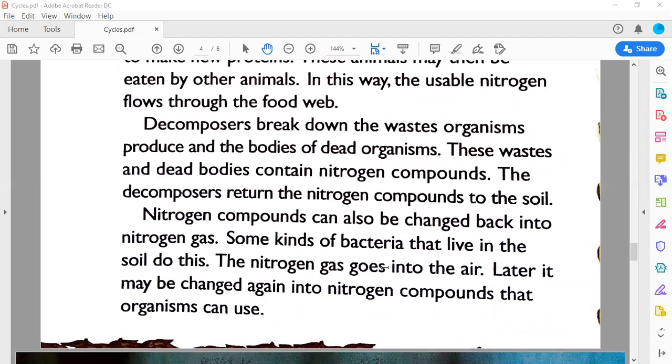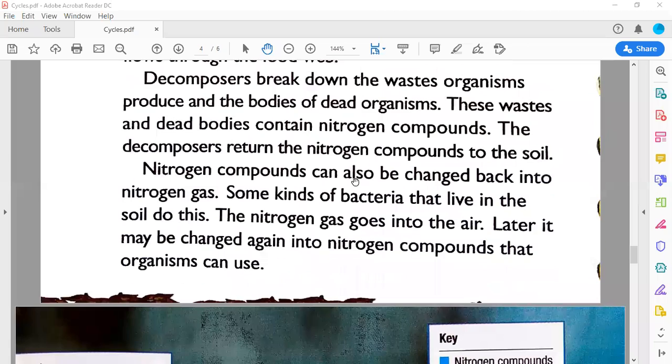Then the nitrogen gas goes into the air. Later it may be changed again into nitrogen compounds that organisms can use. So it's like I explained with the carbon dioxide and oxygen cycle, it goes over and over again. That's actually why it's called a cycle, because it goes round and round and round, right? It moves from one organism to another, but it can never be destroyed, okay?